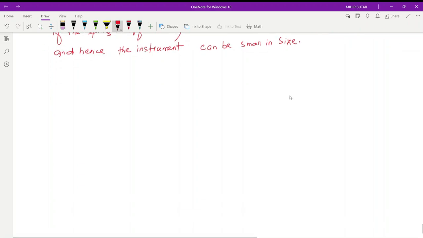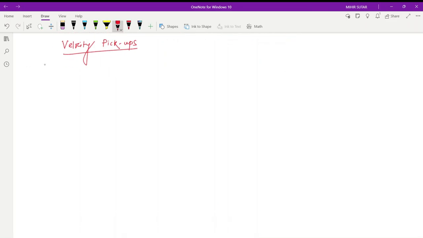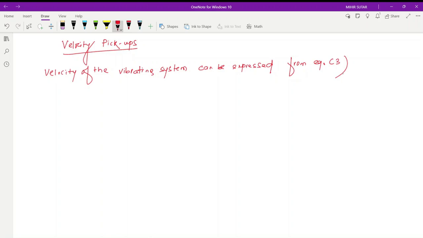Okay. Now velocity pickups. Velocity of the vibrating system can be expressed from equation 3 that we have already derived.